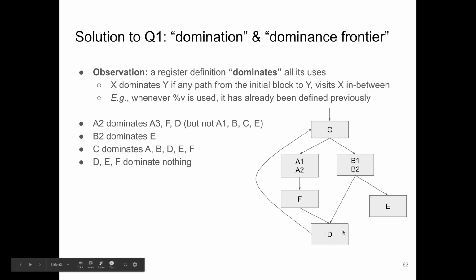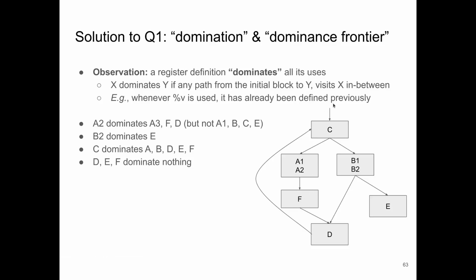The reason is that maybe the control flow is flowing from C to B to D, and if so, V is not defined in between. So the use of this V is very unsafe. It is invalid. You cannot use V in D if V is defined here in F.